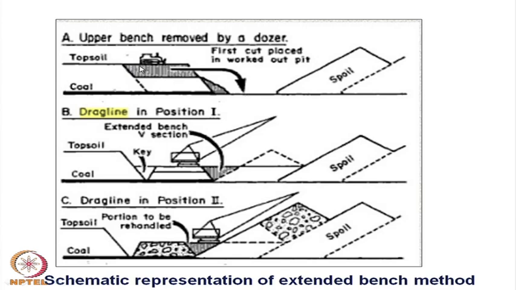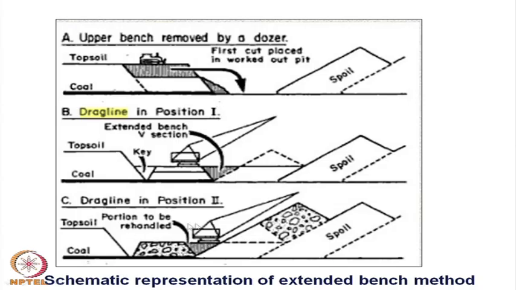So, the dozer mining, which we discussed in our site preparation discussions, can help in your dragline mining. Then once this is formed, your dragline is sitting over here, so it can throw the material at these positions, but this particular extended bench has been formed by means of this dozer.